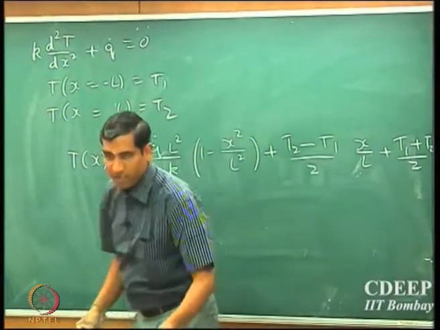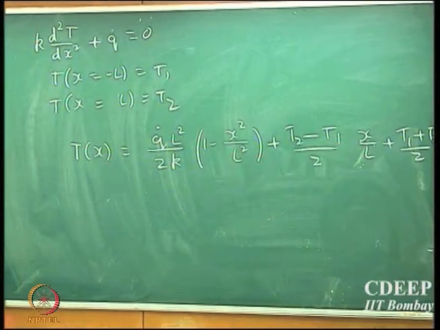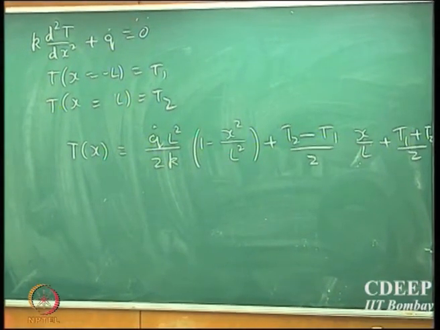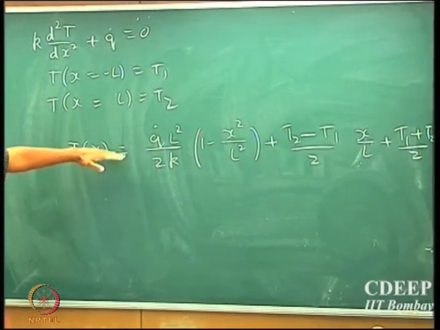That is the solution for the model. It is just a second order differential equation, not a very difficult exercise, so you should solve the equation and convince yourself that this is the correct solution.